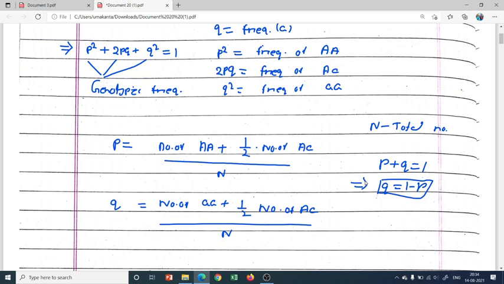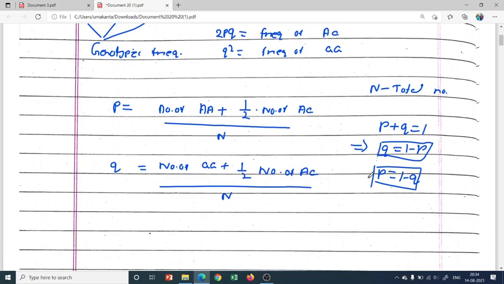Another can be p is equal to 1 minus q. If we know either of them, we can calculate the other. And if we want to calculate p square, we simply calculate p into p.